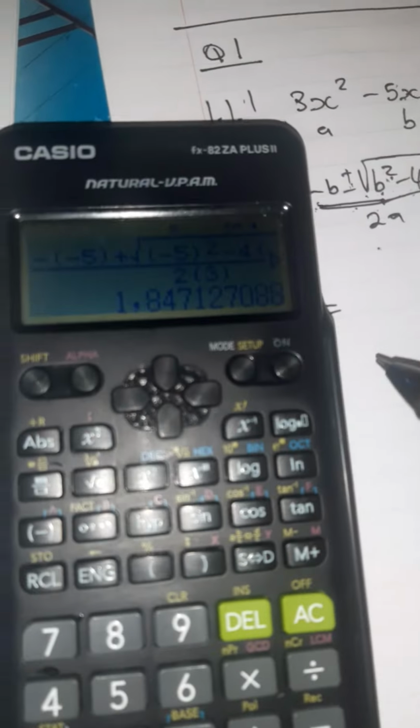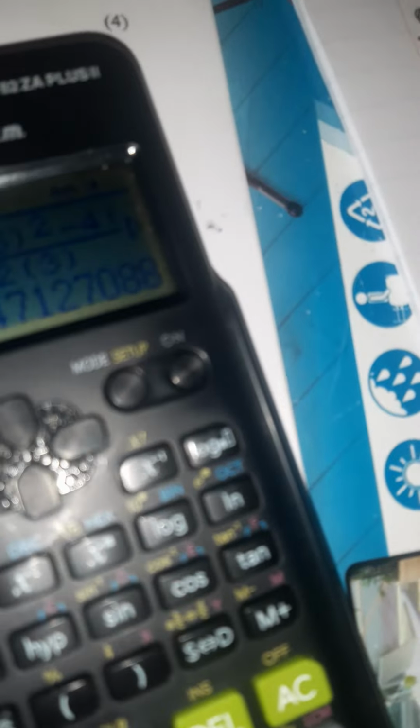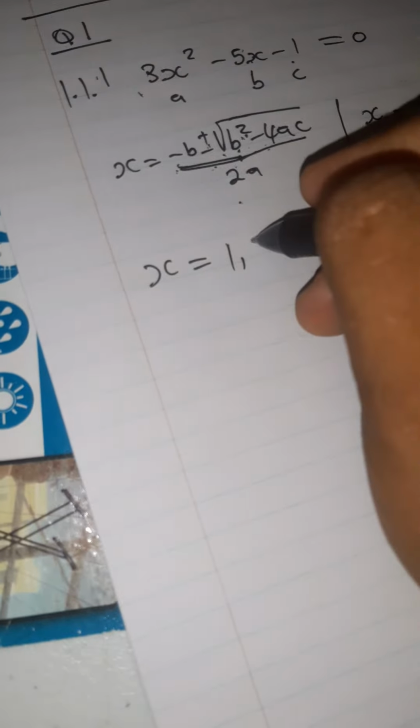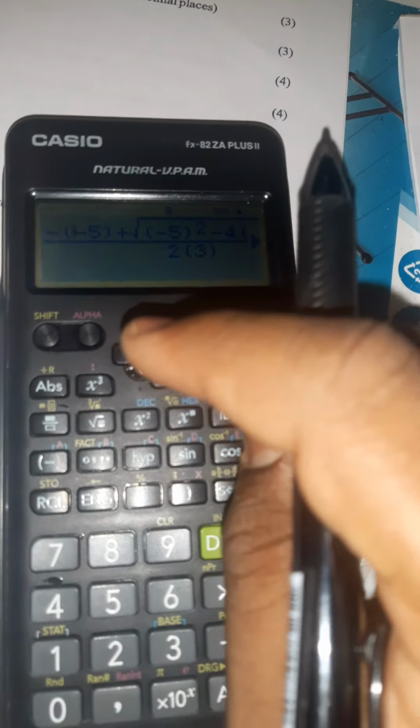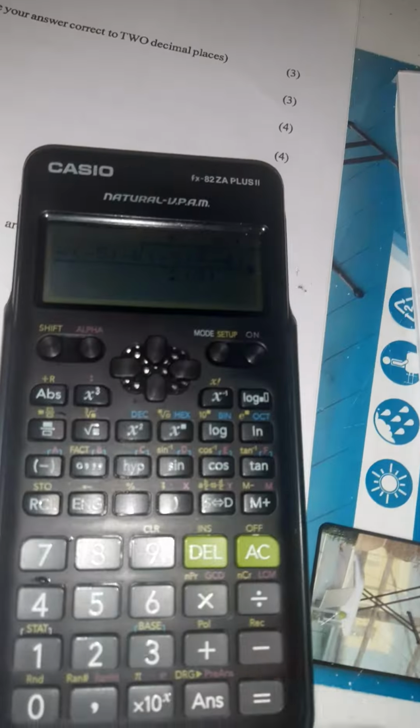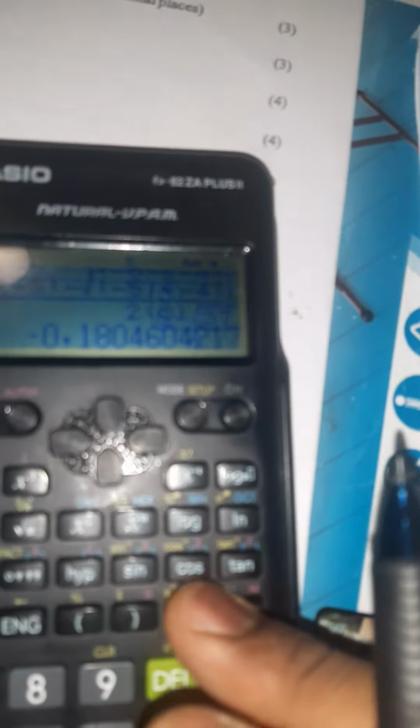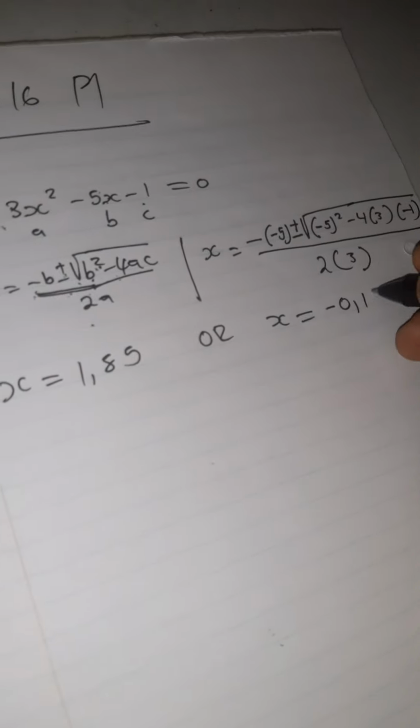So it's 1.85. You're going to convert it to decimal places, so it's 1.85. Then when you change the sign, you go there and change your plus to minus, which gives negative 0.18. That's how you simply solve it.